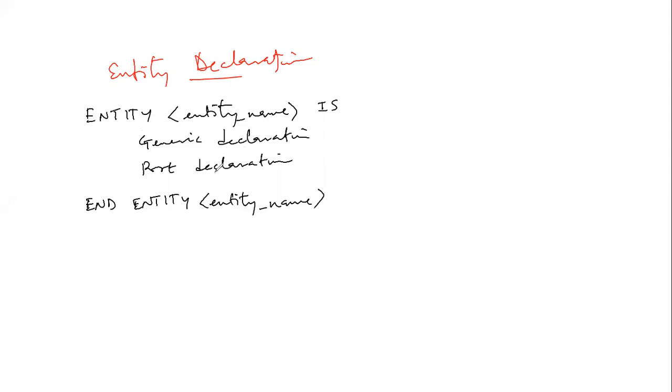Then we have other things to also deal with. What is the generic declaration? What is the port declaration? Let's start with the generic declaration first. When we talk about the generic declaration, there are values that can be passed into the entity at compilation time.